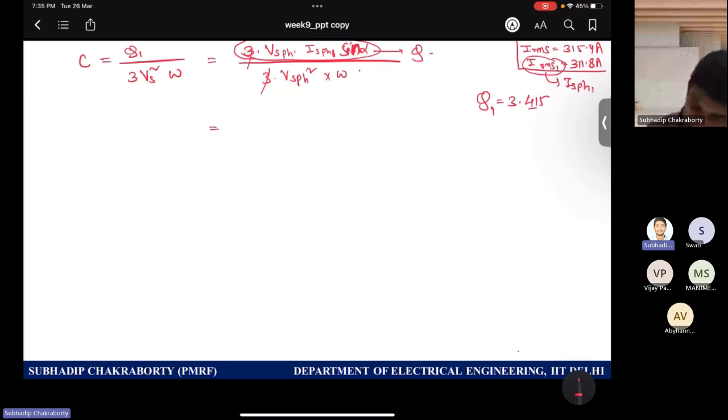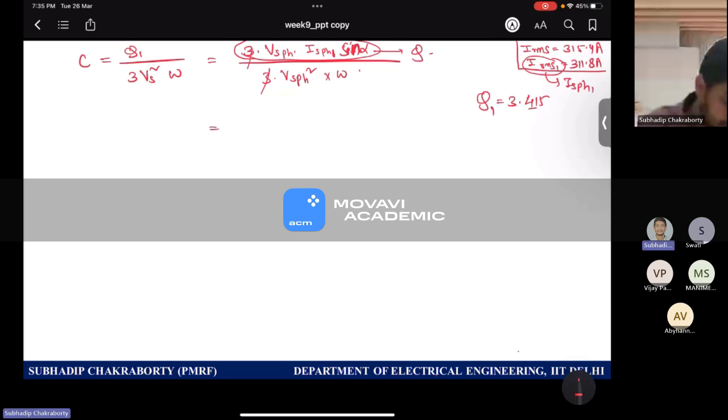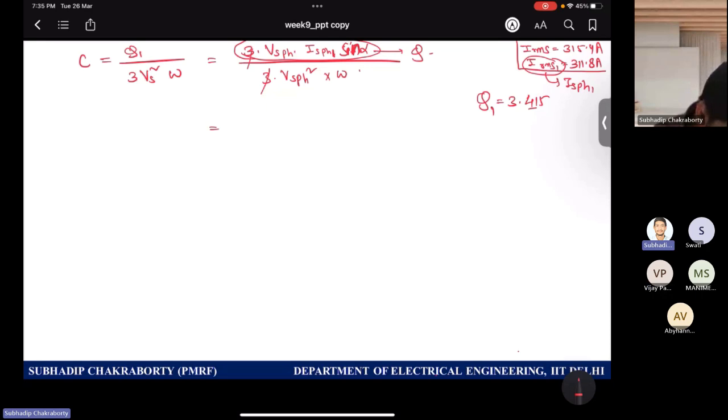Why Q1? Because we want to find the capacitor value. Actually, we need the impedances. So root 3 times 415 times 311.8 times sin alpha, where alpha is 45 degrees, so 1 by root 2.